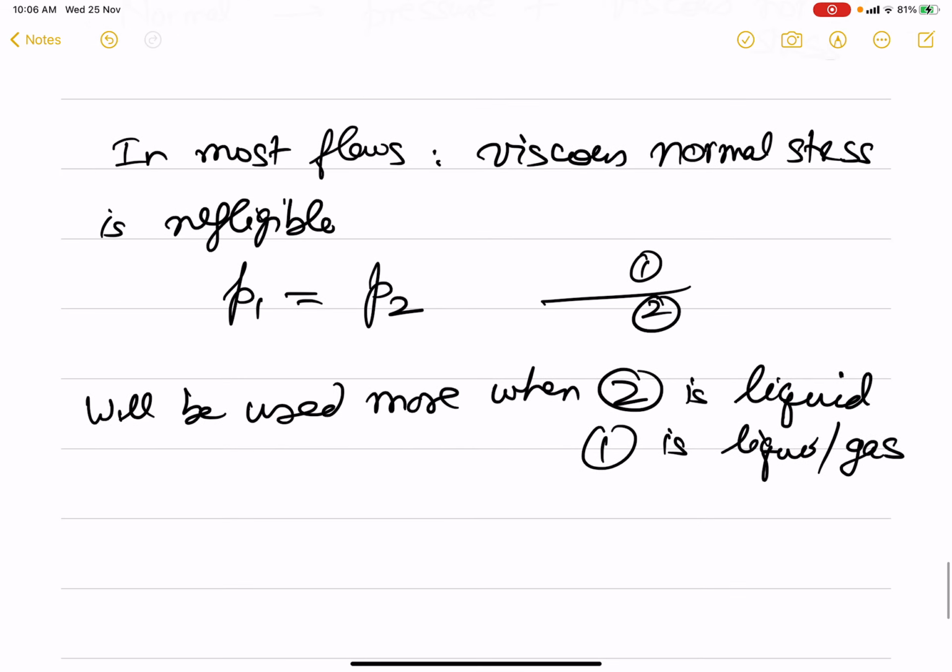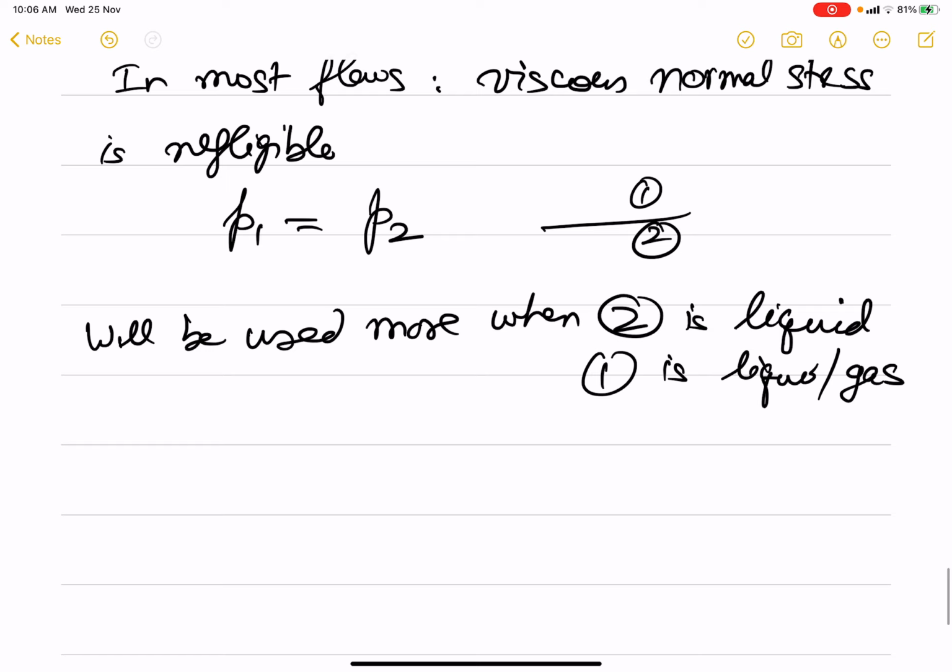Otherwise, the pressure appears as a force which we find if one of them is a solid. I'll discuss that case a bit later in this lecture. So the normal condition becomes pressure on the two sides are equal, and mainly will be used when both of these are either liquids or gases, both fluids.